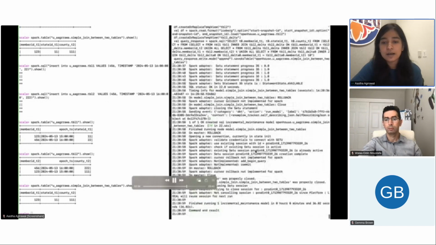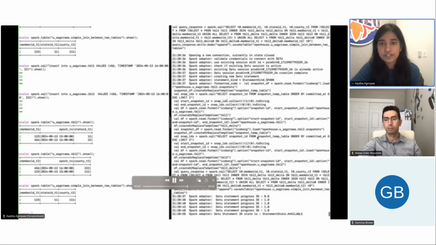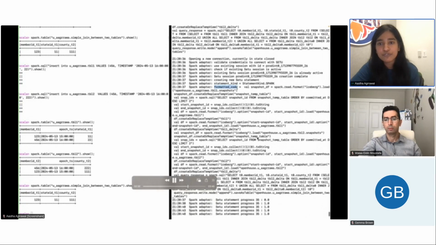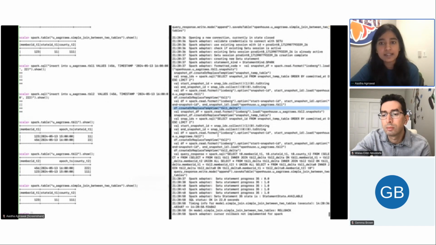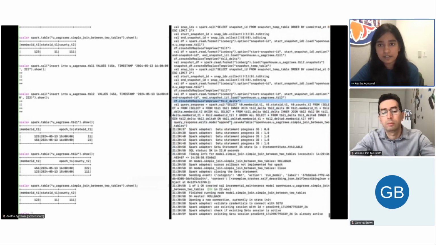Okay, as we see, it has finished successfully. And from the logs on the right-hand side, we can see that it was first able to query the snapshots of both data sets to extract the start snapshot ID and the end snapshot ID. And then it was able to load data up till the start snapshot ID in temporary data frames TBL1 and TBL2.